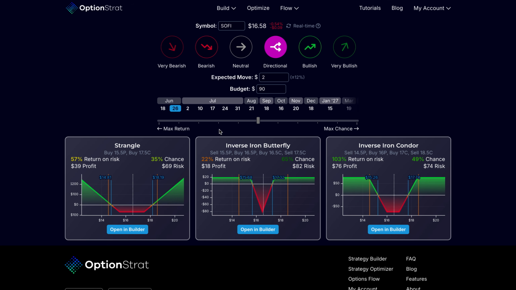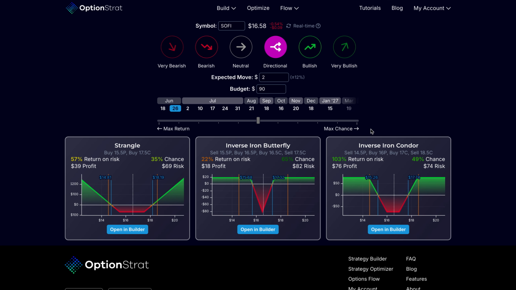So as you can see, once you've done all of this here at the top, and this can be done very quickly in under a minute if you already have all this information beforehand. Now look at the bottom here, all the way at the bottom. Now, as you can see, OptionStrat is showing us 3 different potential strategies here that meet all of this criteria that we just entered here.